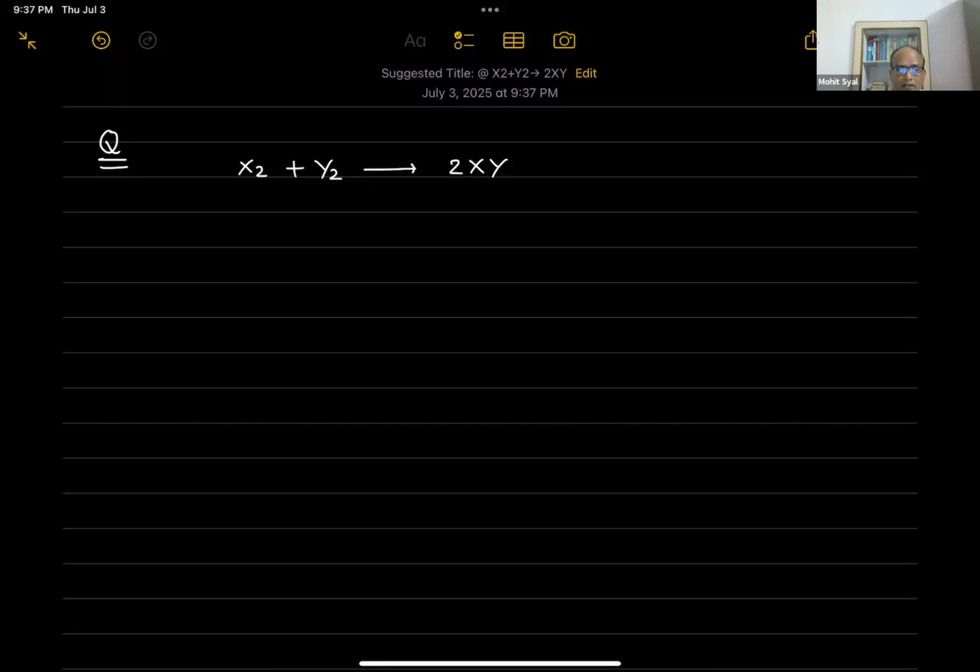x2 and y2 giving 2xy. And this is the mechanism. This is fast equilibrium.